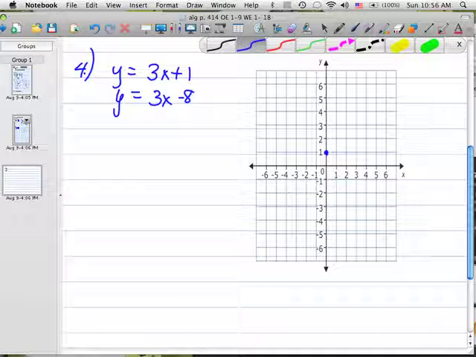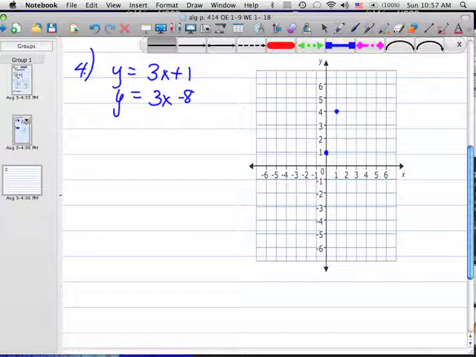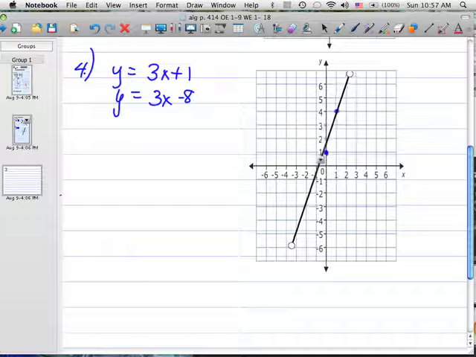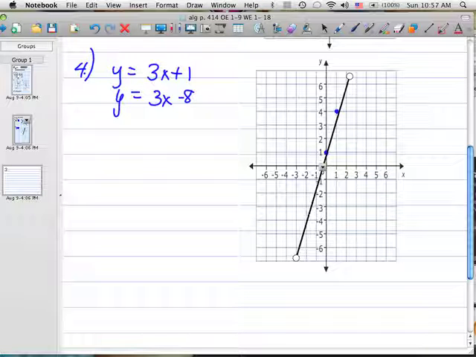And it goes up 3, 1, 2, 3, right 1. And we connect that with a line.